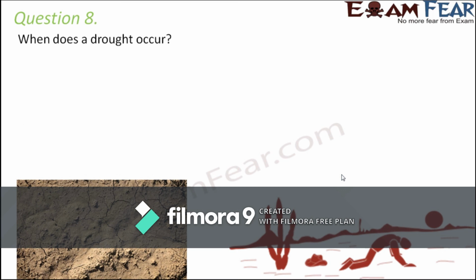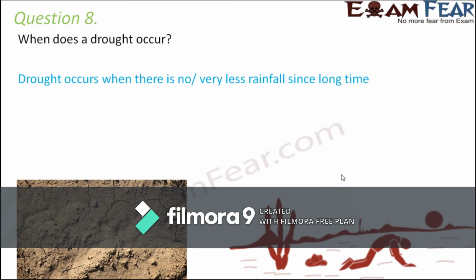Question number 8. When does a drought occur? So when there is no rainfall for a very long time, then drought occurs. So if there is no rainfall or very less rainfall for a very long period of time, that's when we experience a drought.